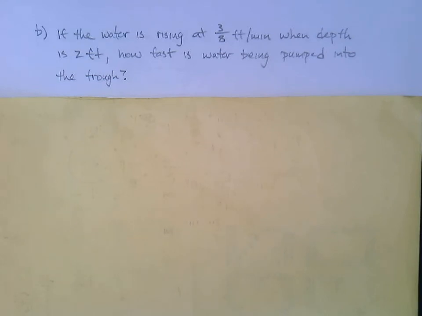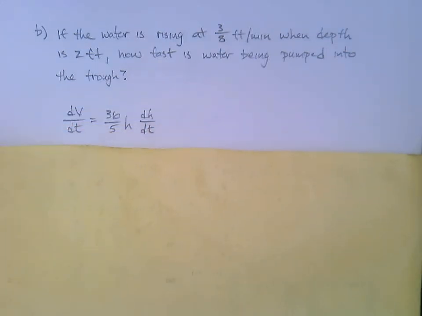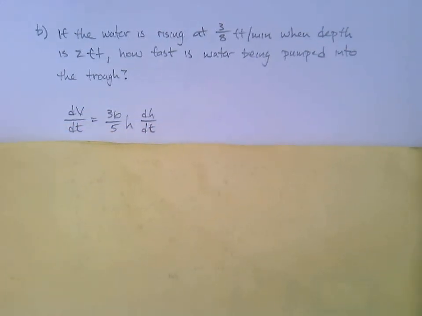Okay, so imagine the same trough, but a new scenario. We know how fast the water level is rising when the depth is 2 feet. Can we go back and figure out how fast water is being pumped in? That's pretty interesting. Okay, well, if it's the same trough and we're still dealing with volume and height or depth, then we know we still have this related rates equation.